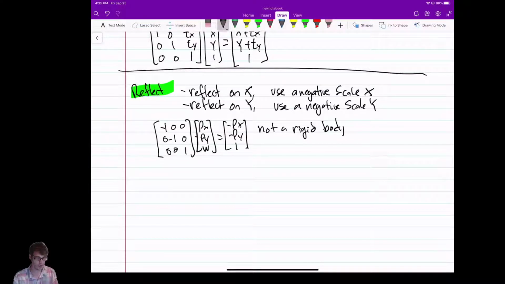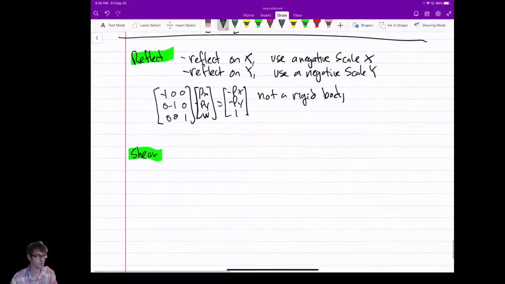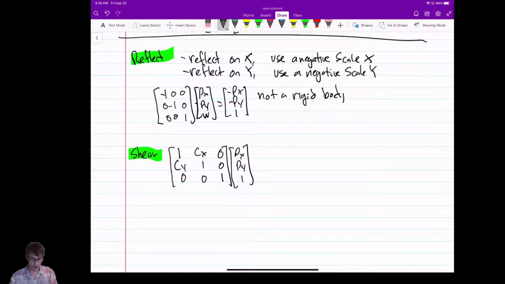And the last one is shear. That's where you stretch things this way. I'm going to show a picture in a minute. You'll see it'll clear things up. And the way you do this, again, I'll just rush through it. 1, cy, 0, cx, 1, 0, 0, 0, 1. And the idea here is px, py, 1. The idea here is you're adding some part of py to x.